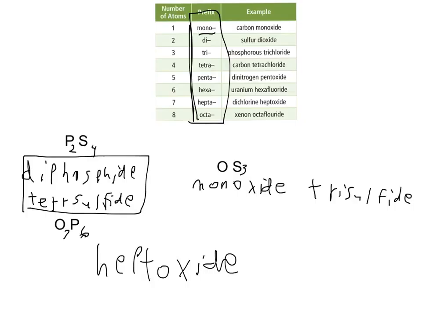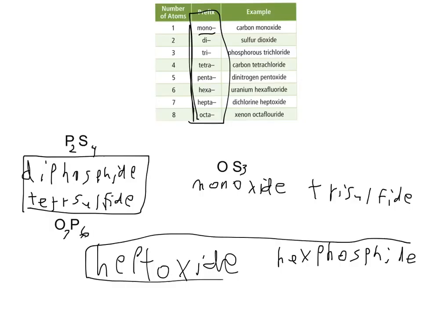I might be wrong, but hept oxide sounds a little better. Now we move on to phosphide, which is going to be hex phosphide. And that's the answer for that one.